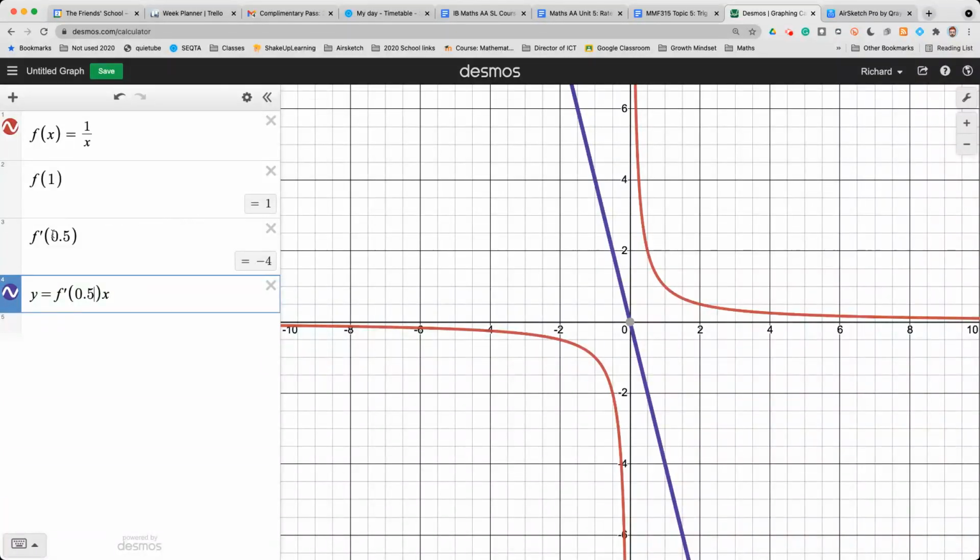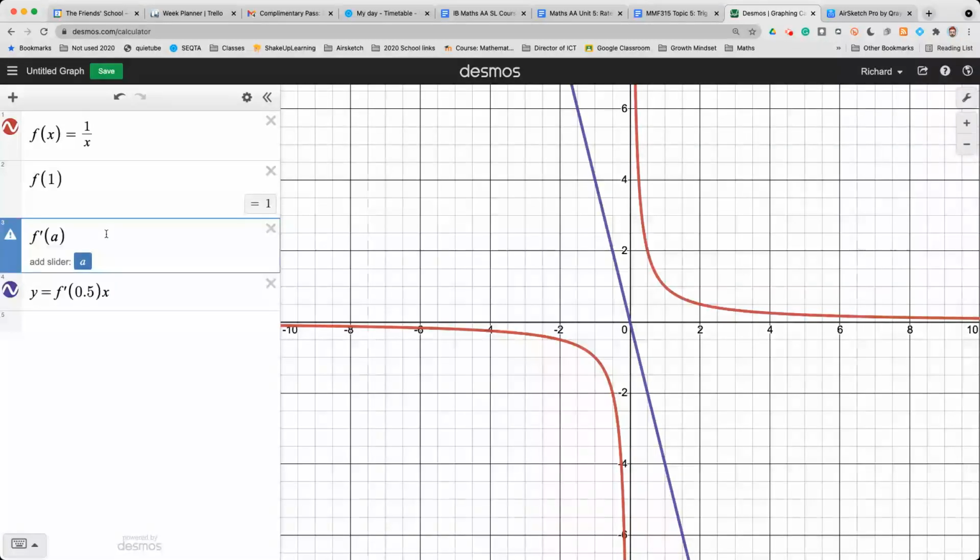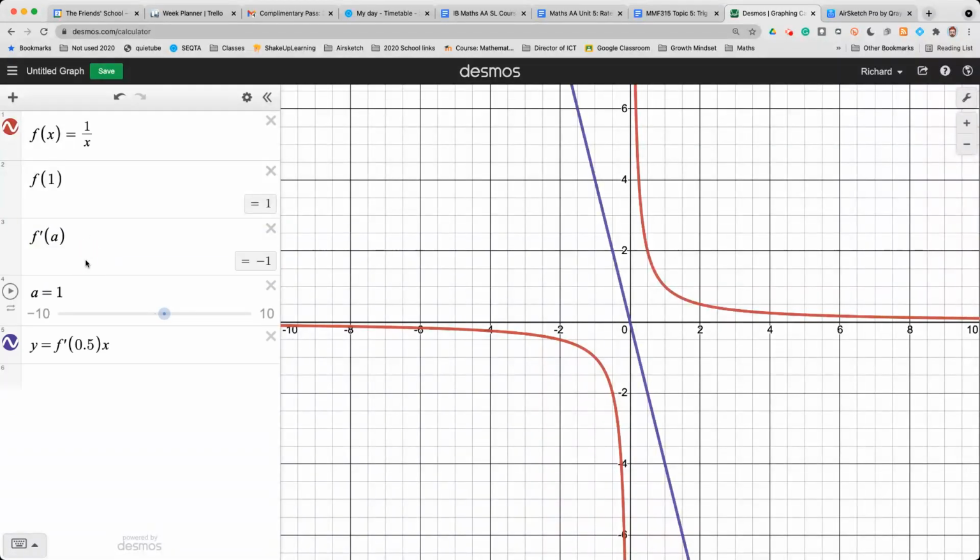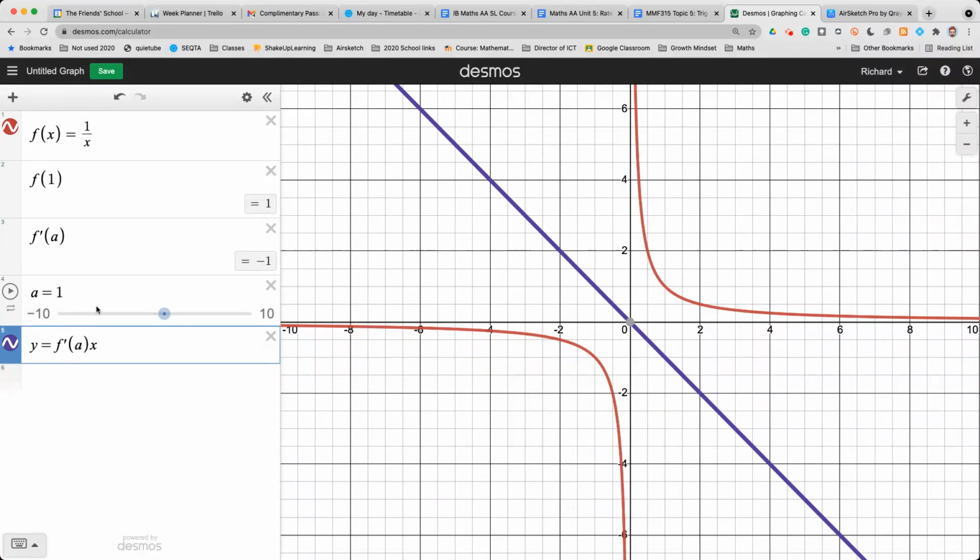Okay. Using these numbers here is a little bit annoying because I have to keep on changing them. So instead I'm going to delete the numbers and just put A and add a slider. I expect you to be doing the same. And then I can replace this with A as well. Okay, so A has started off as 1. So the gradient there is the same as the gradient there.